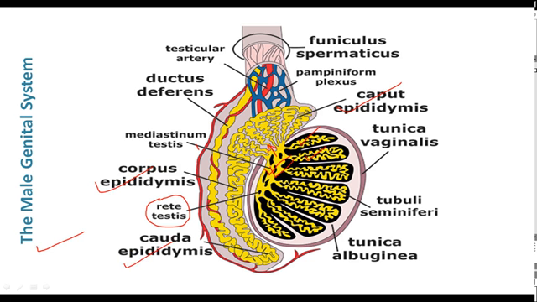So the caput, corpus and cauda, head, body and tail, these are the three parts of the epididymis. The vas deferens comes out of the epididymis and moves into the body, that is into the abdomen. Now the outer covering of the testis is called tunica vaginalis and the inner covering is tunica albuginea.